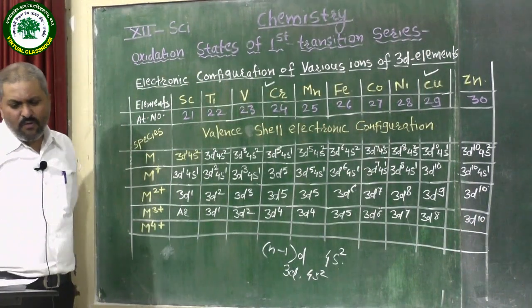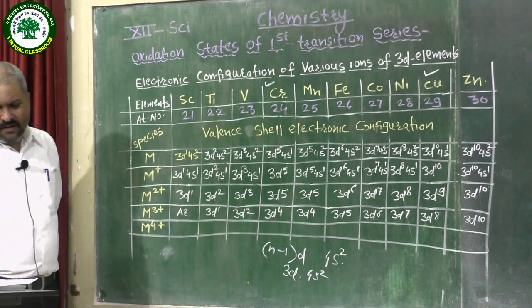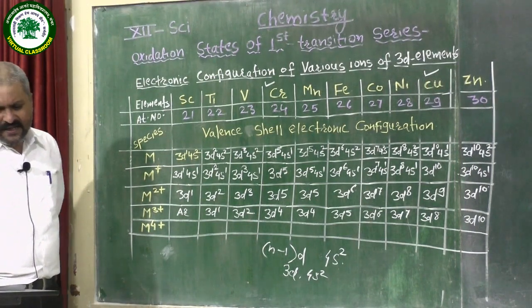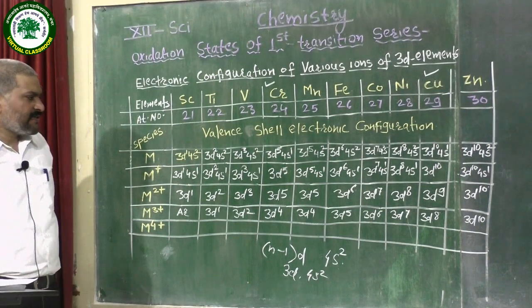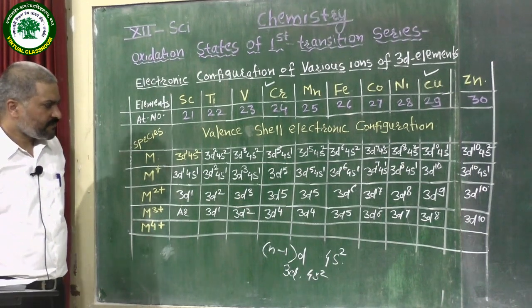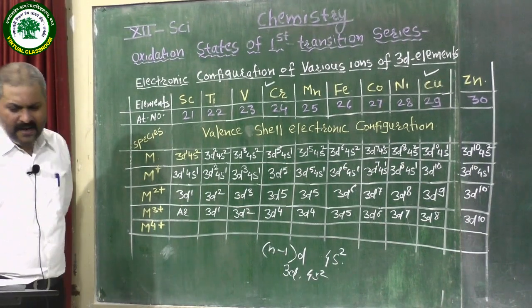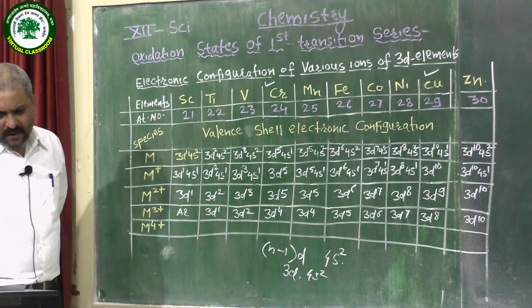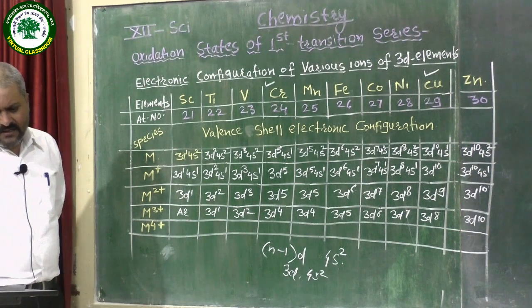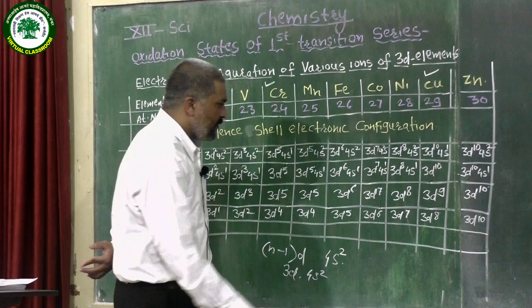In tripositive ion, all these have the electronic configurations 3d6, 3d7, 3d8, and 3d10, for copper and zinc.